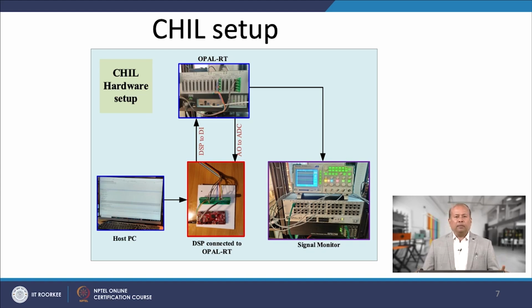The working of CHIL is shown in this diagram. Firstly, the TMS board is equipped with ADCs and EPWM pins. The input will be provided from the Opal RT, which is taken here as a plant, to the ADC of the TMS board and is utilized for the control logic development. By utilizing MATLAB, the control logic is developed, and through hardware simulation, the developed code in MATLAB is flashed into the TMS board.